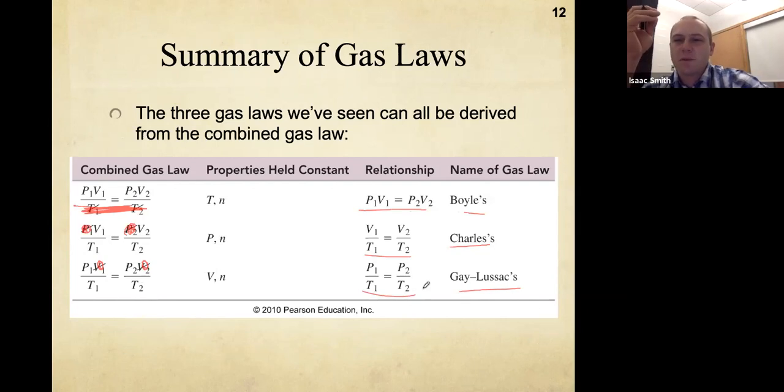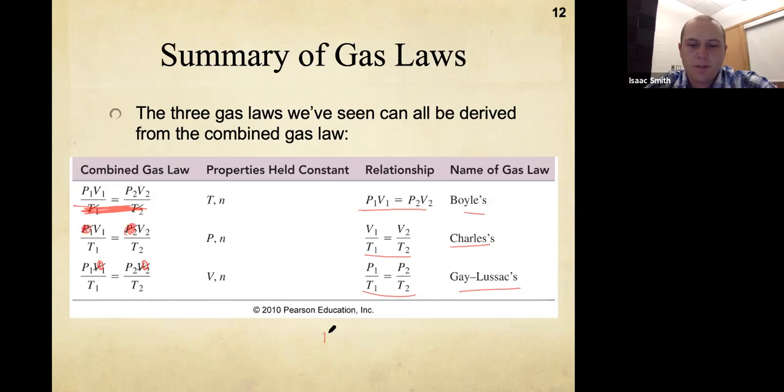The hardest part that people have with this section is just knowing which one to use. And again, I think as you practice more and more, writing down what you have as you work through the problem and what you need is going to identify which law you're going to use, right?